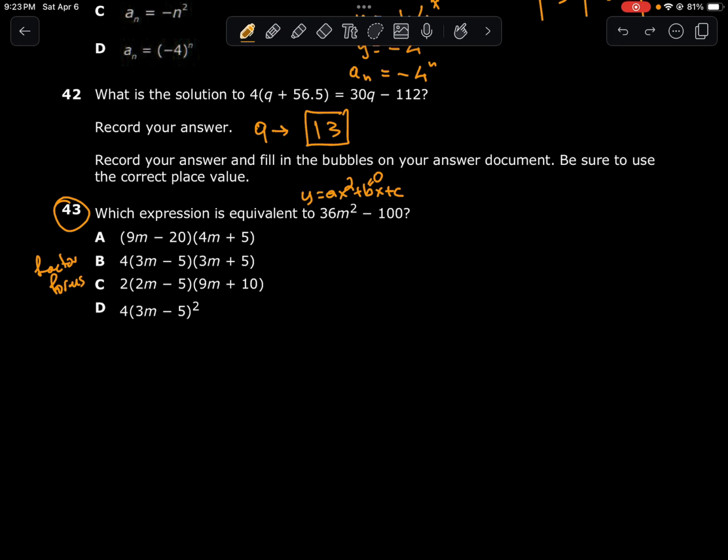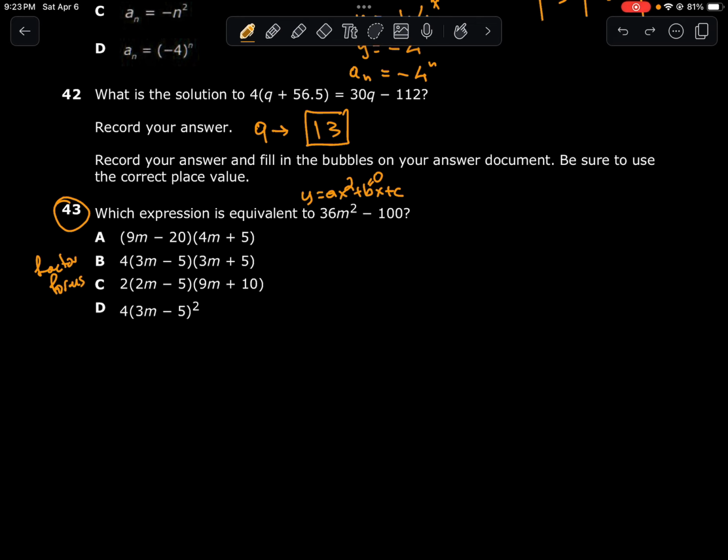Okay, bottom line, how do I find it? There are several ways. I can factor this one and see which one it matches. I can distribute each one of those, and then I'll see if it matches this one.